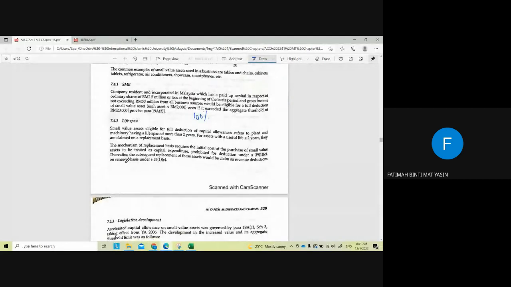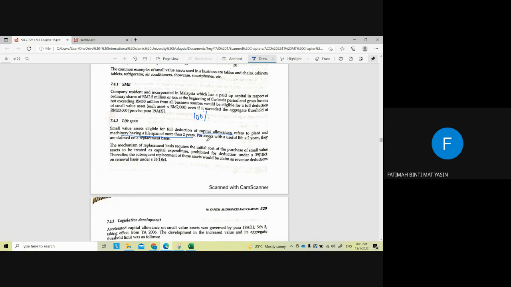7.4.2, lifespan. Small value assets eligible for full deduction of capital allowance refer to plant and machinery having a lifespan of more than 2 years. If the company acquires a small value asset whose lifespan is more than 2 years, meaning the company can use that asset for more than 2 years, then the company can claim capital allowance.